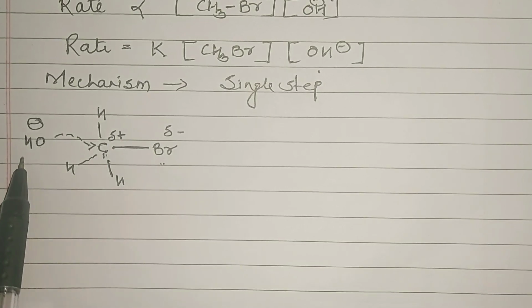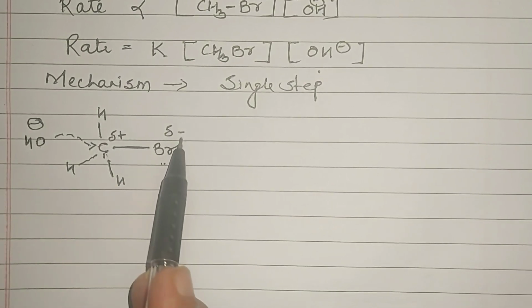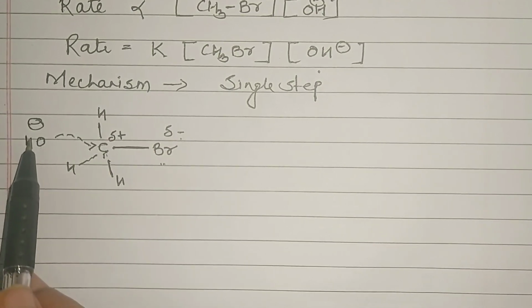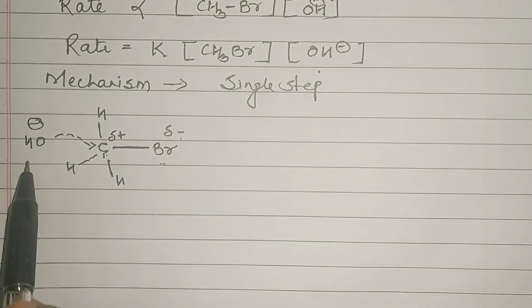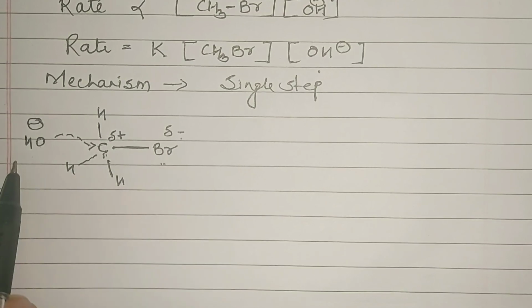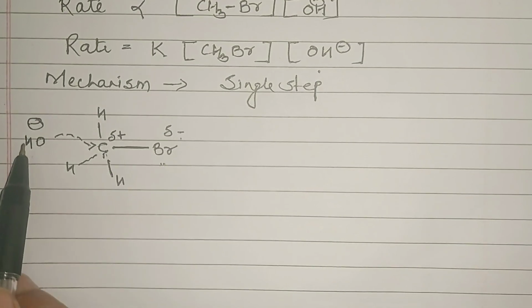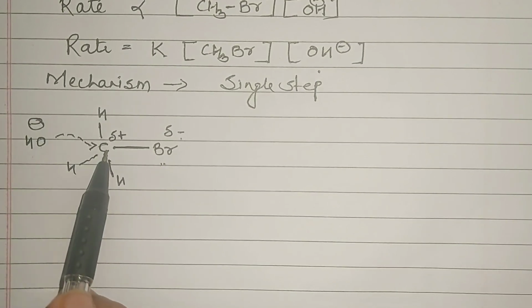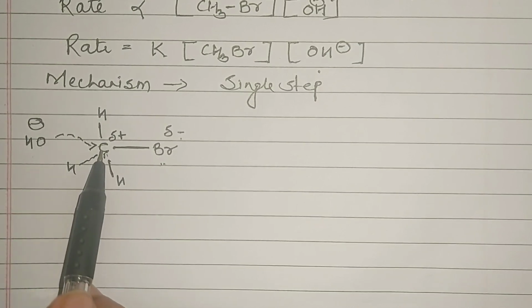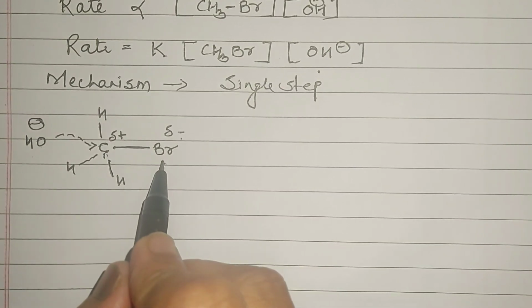Why will OH negative attack from the opposite side of the Br? Because Br is delta negative, that is, Br is electron rich. OH is also negative, so OH negative and Br negative have the same charges. These same charges will repel each other, therefore OH negative will attack the electron deficient carbon from the back side of the molecule, the opposite side of Br negative.